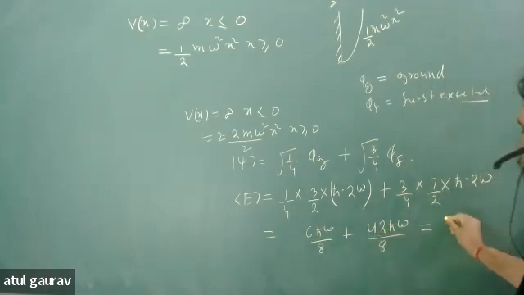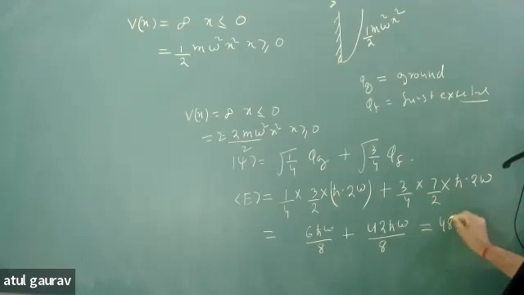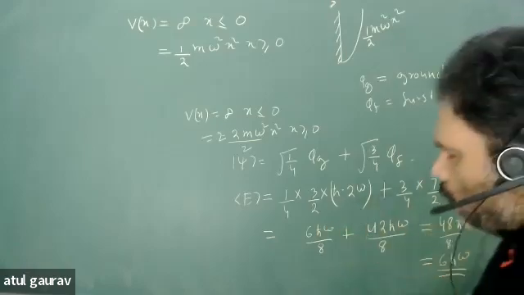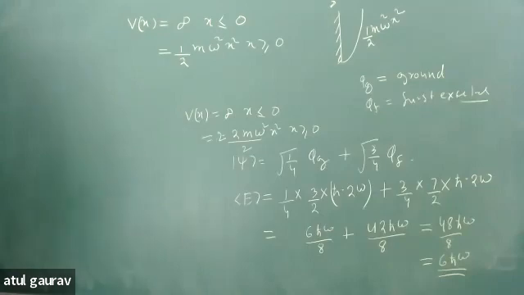So that will be 68. Sorry, 48, no? Yes, sir. 48 H cut omega by 8. And that value is 6 H cut omega. Okay? Am I correct? Calculation dekho. Yes, sir. Correct, sir.